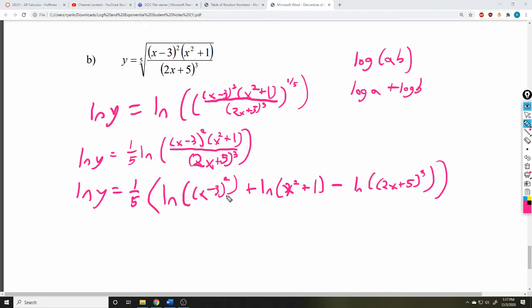We can make this even easier because now we have a bunch of exponents inside of a natural log. And when we have a bunch of exponents inside of a natural log, that means we can take those exponents and bring them out in front. So I can put a 2 out in front of here. And then I have to leave this how it is. But then in my next one, minus, I can take this 3 and bring it out in front.